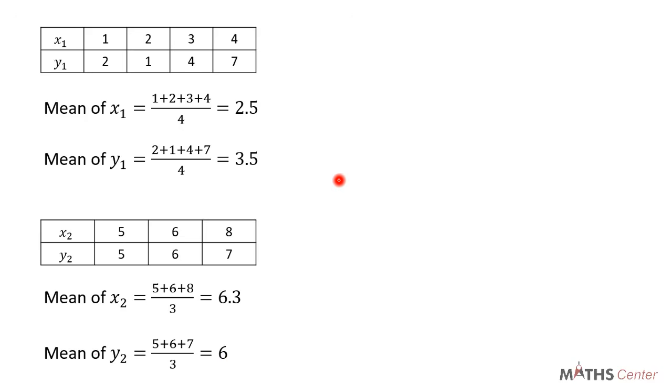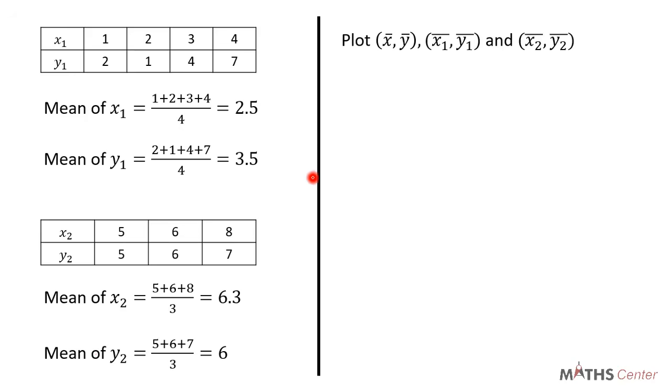So now we have found x mean, y mean, x1 mean, y1 mean, x2 mean, y2 mean. And so we are going to plot the points x mean, y mean, x1 mean, y1 mean, and x2 mean, y2 mean on the scatter diagram. Then we will draw the regression line of y on x, or the line of best fit through it.